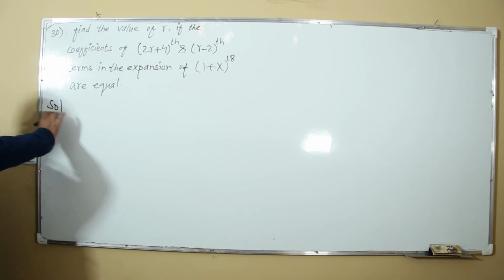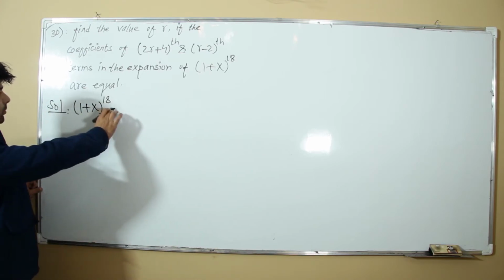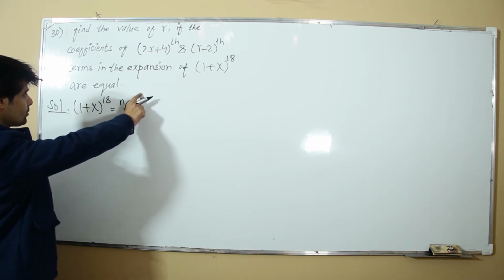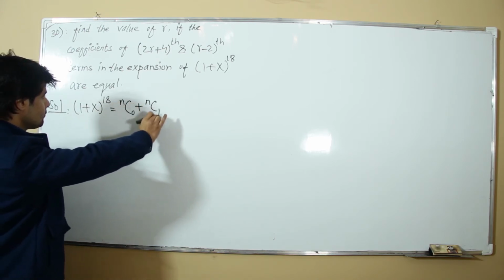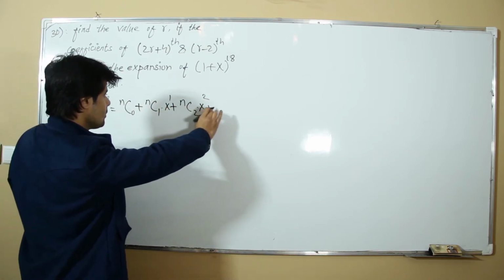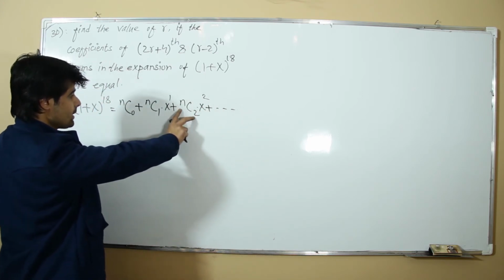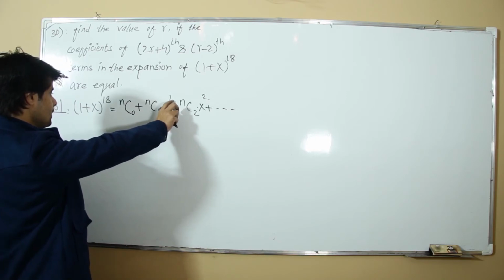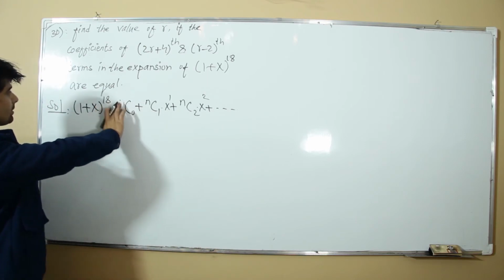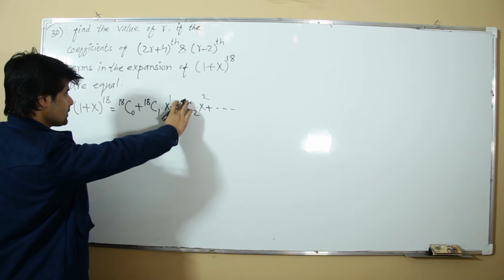First, whenever you're talking about 1 plus x raised to the power 18, what's the expansion for this one? It is nc0, 1 raised to the power 18, it's 1, nc1, x to the power 1, nc2, x to the power 2, like this one. Now the coefficient of x square is nc2, the coefficient of x to the power 1 is nc1, n means 18.